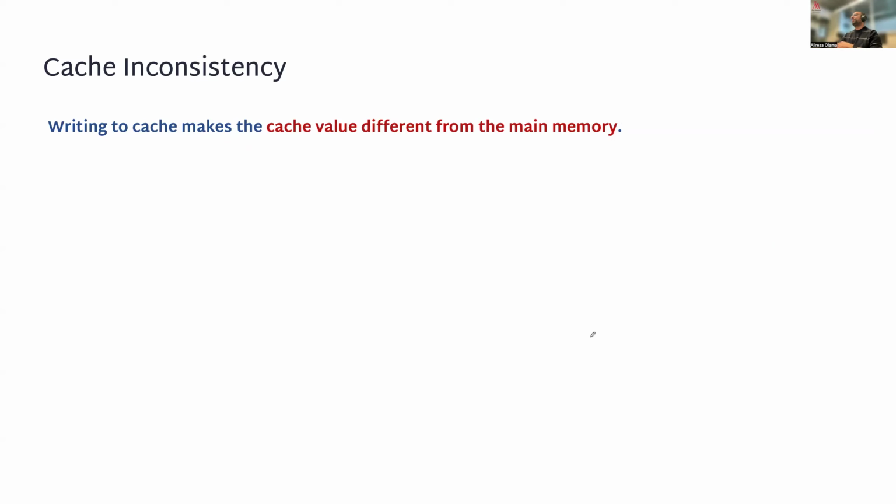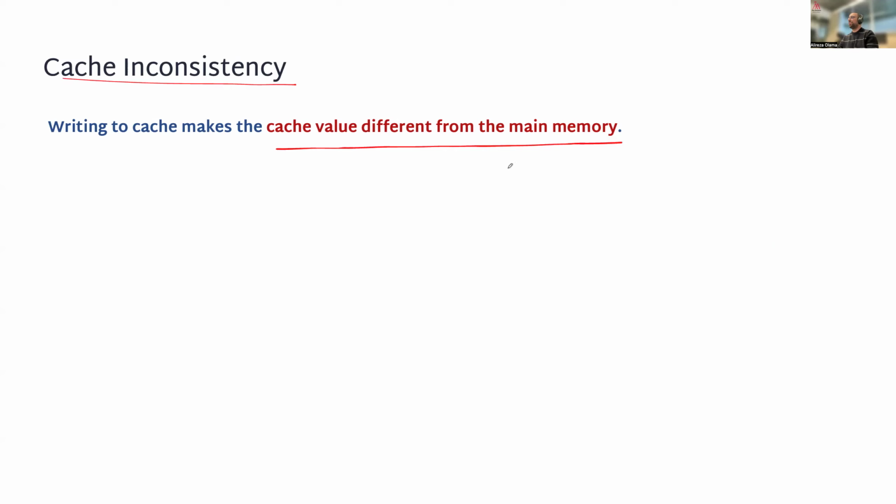All right. So another concept in caches, like for uniprocessor systems, is cache inconsistency. Assume you have some data in your CPU cache, right? And the CPU writes something into your cache, which causes the value in the cache to be updated. So in this case, the value in the cache is different from the value in the main memory, right?